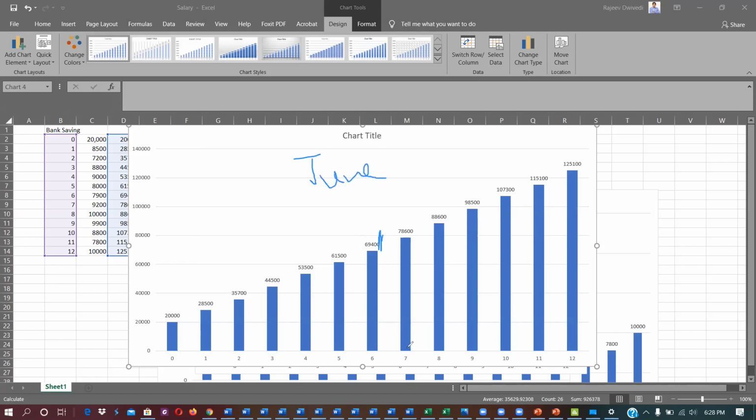In that I have to add July, August, September, October, November, December. Here I can do it in one step. I will do the probability up to June, which is 69,400, and the total is 125,000. Very simple, 125,000 minus 69,400, and I can get this answer. This is the total saving after June.